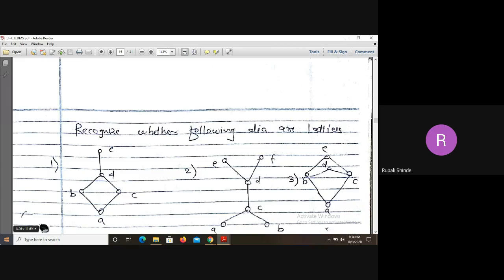How? Okay. For every pair, there is present. Now consider the pair of elements E and D and tell me for this pair which one is the greatest lower bound and which one is the least upper bound.